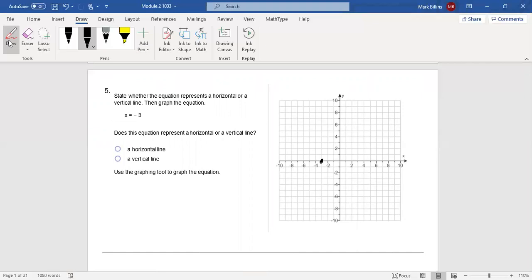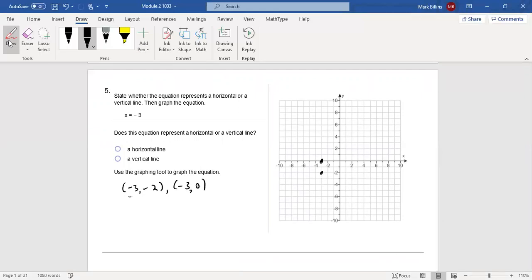Y can be anything. So if x equals -3, we know that x equals -3 at any point 3 units to the left of our y-axis. So this would have a value here of -3, -2. Our first point that we put had coordinates of -3 and 0.